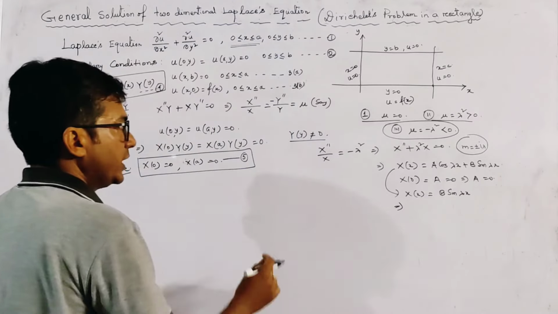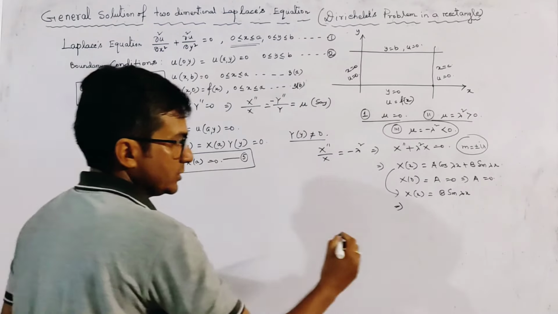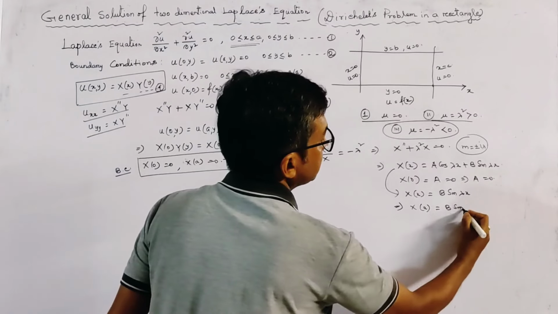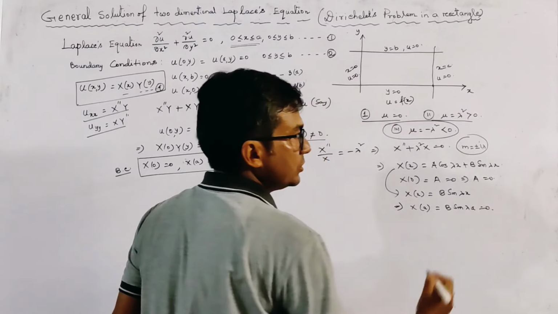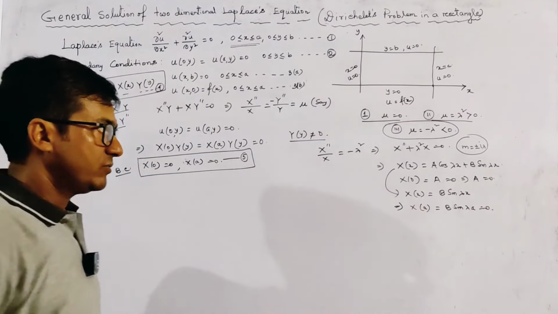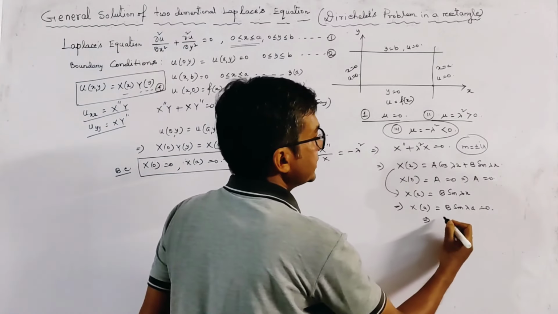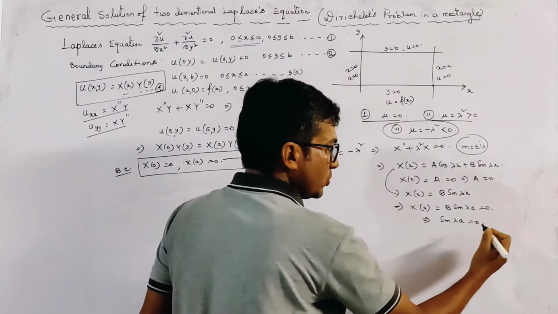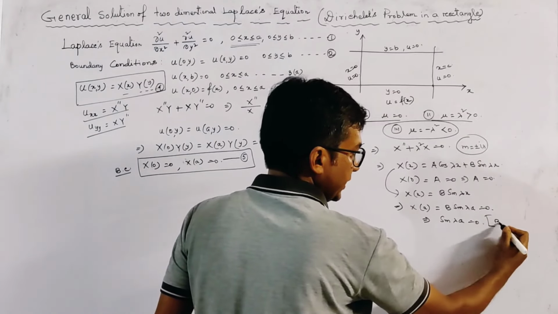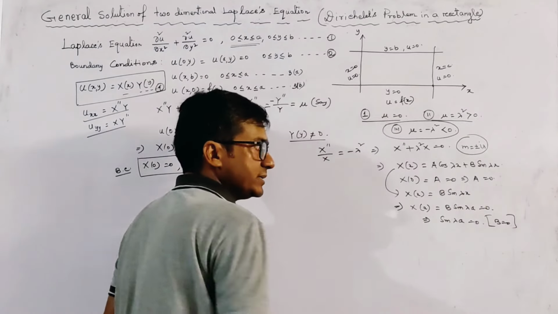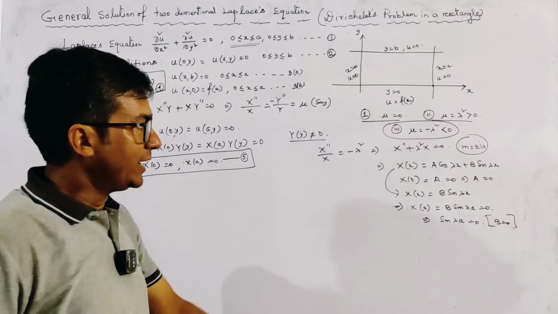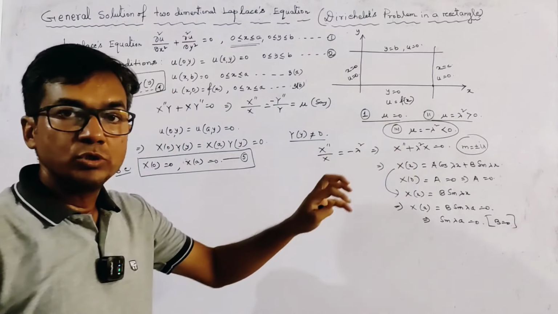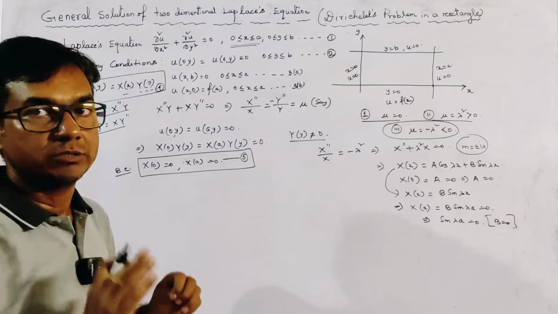And we put x equal to a, so X(a) equals B sin(λa), which is equal to 0, and from this relation we get sin(λa) equal to 0. Otherwise, if we take B equal to 0, then we get the trivial solution, and we assume case 3 to find the non-trivial solution.